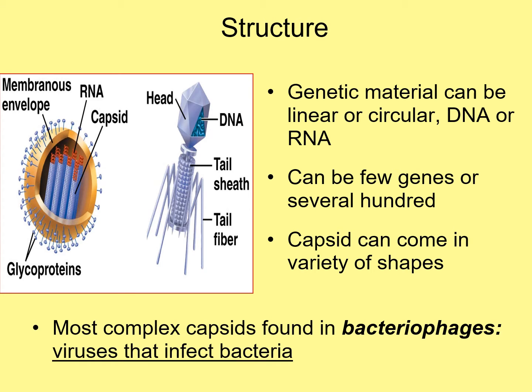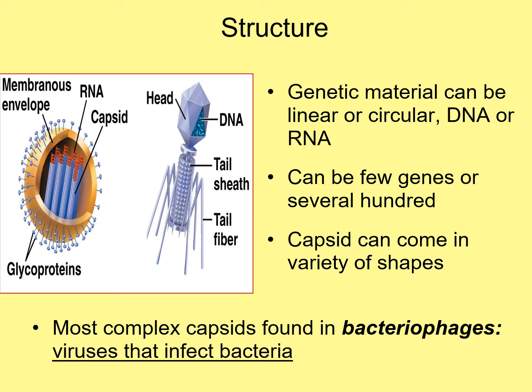So a bacteriophage cannot infect a eukaryotic cell, right? So we are completely safe, for example, from bacteriophages because they don't have the mechanisms to infect our cells. They only infect bacterial cells and quite often infect very specific kinds of bacterial cells.